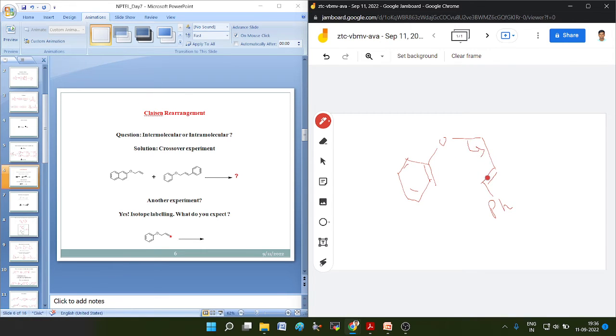So this will come here, this will come here, this will go there. Just make it benzene, okay? Don't worry, it's a benzene thing. So this will be there. I'm drawing just the product. So this will be the product, okay?